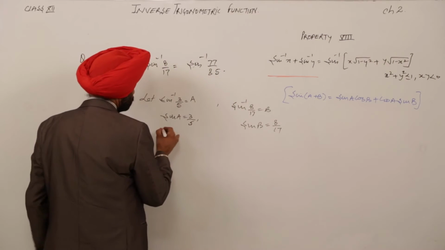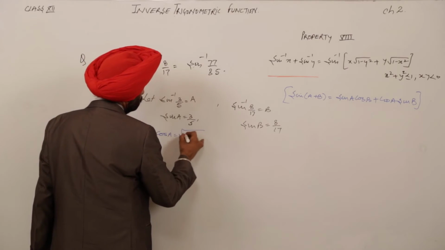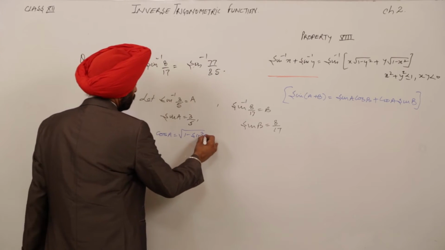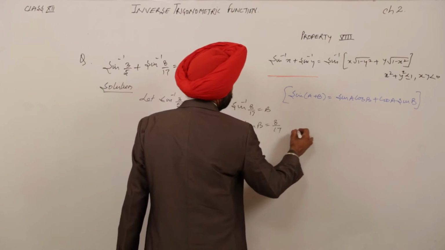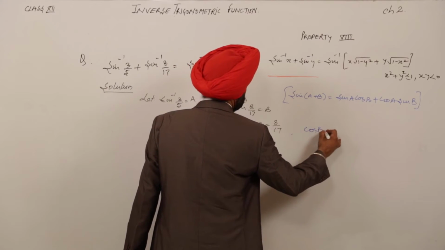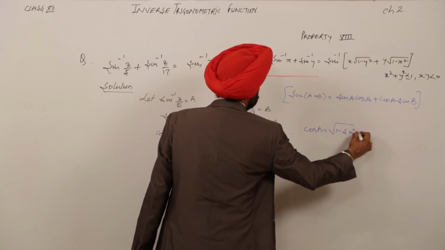So moving on, what is cos a? Cos a is equal to under the root 1 minus sin square a. And similarly cos b is equal to under the root 1 minus sin square b.